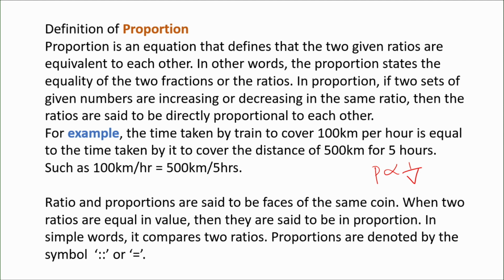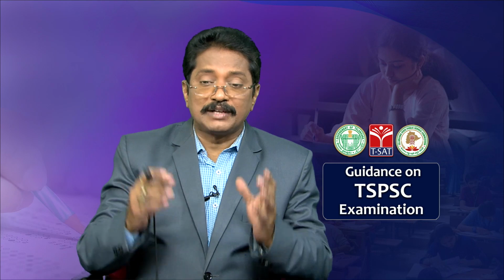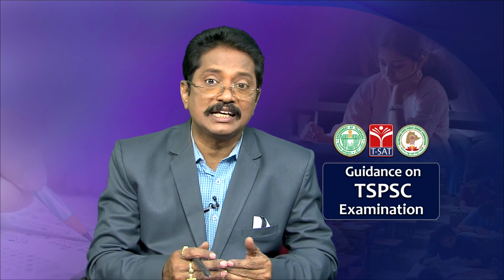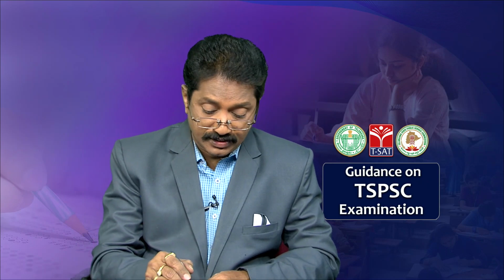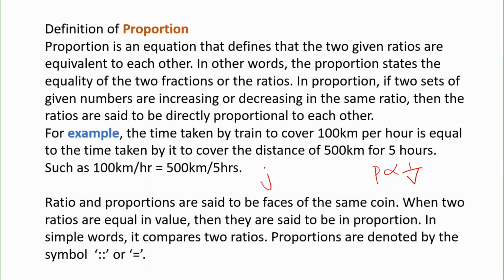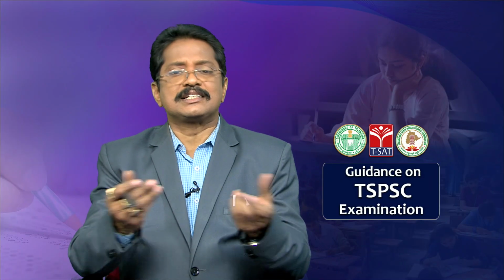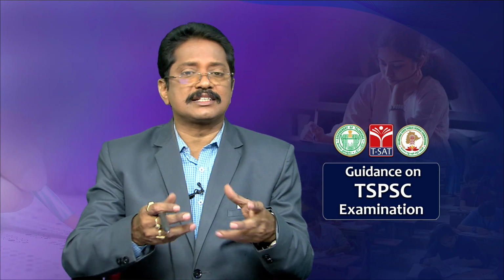When you come to electricity, at a constant temperature, when potential difference increases, the current flowing through it also increases. V is proportional to I, or we can say V equals IR, correct? This is called Ohm's law in electricity. Like this we can say so many concepts of physics, all based on proportion.